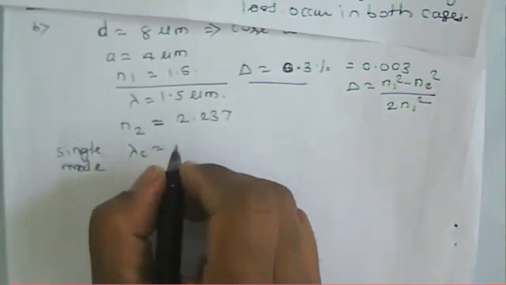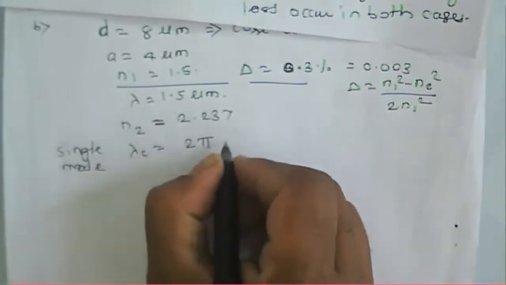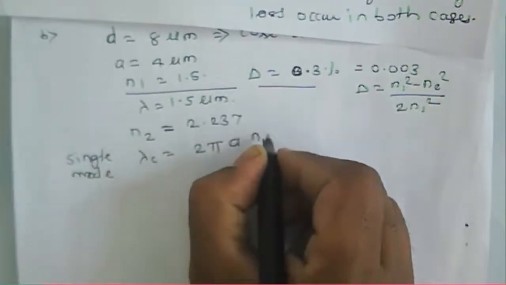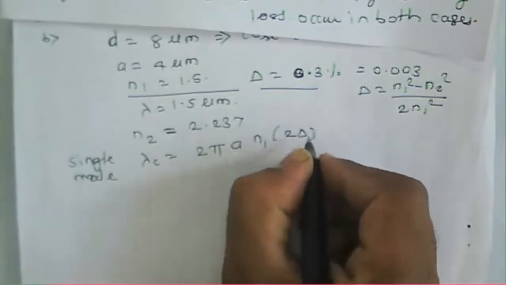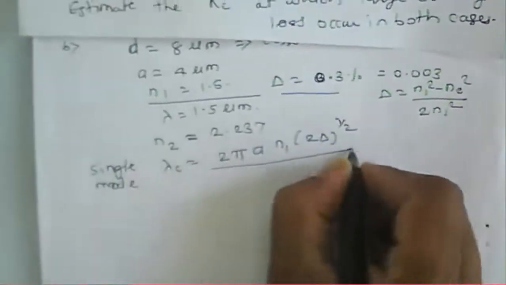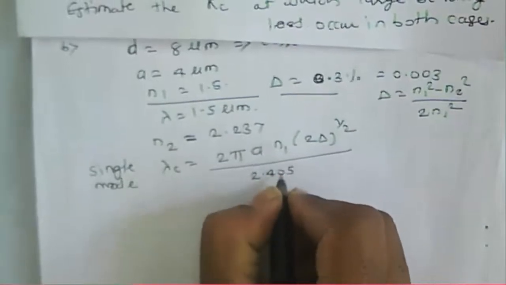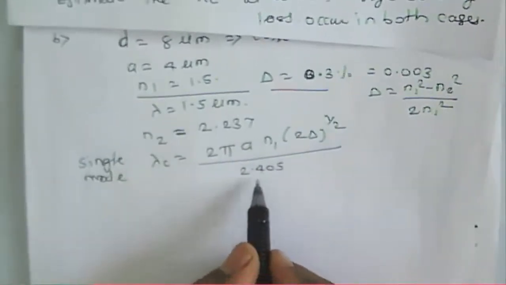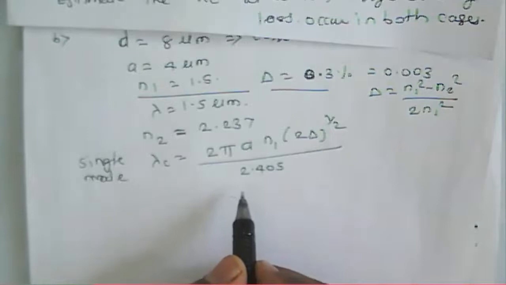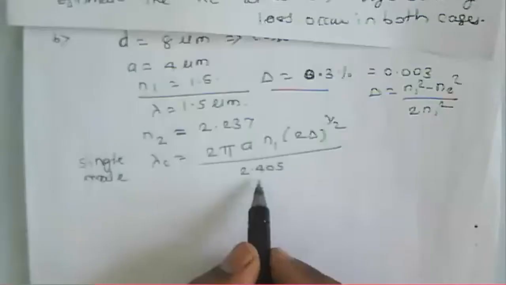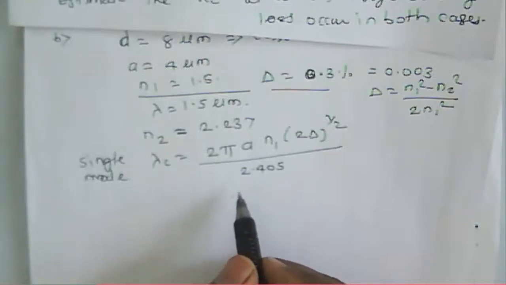So lambda c for single mode fiber will be what? Twice pi a into n1 into twice of del raised to 1 by 2 divided by 2.405. This 2.405 is a V number, and above that, your fiber will work as a multimode one.